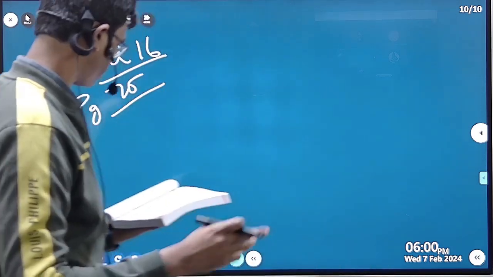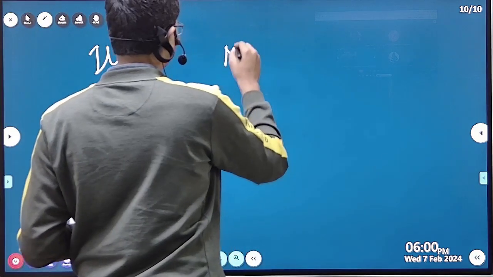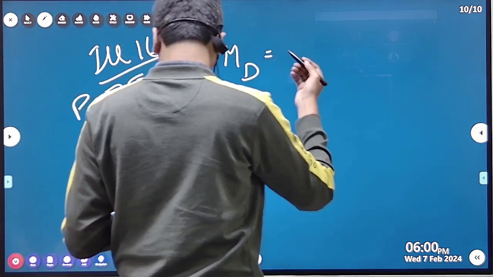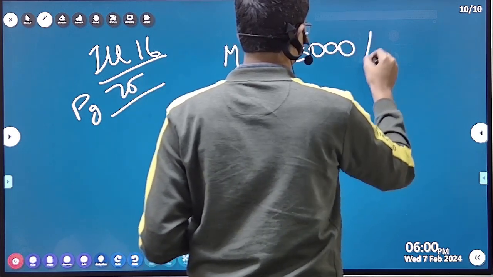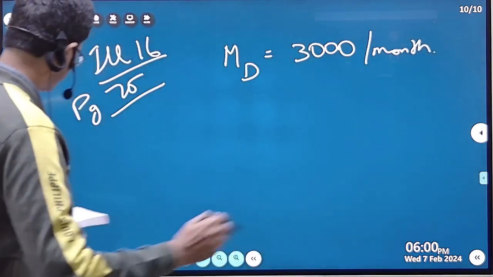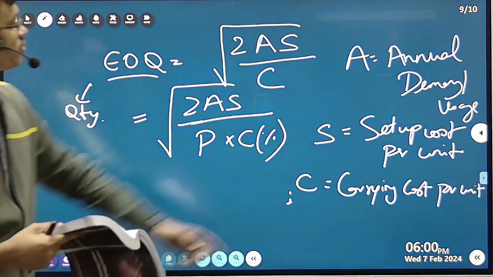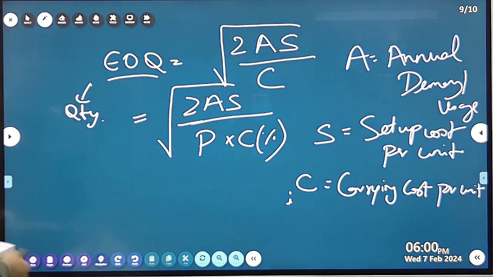Let us write the data which he has given. He has given you the monthly demand at 3000 units per month. In this formula, this is your annual demand, right? And he has given per month.